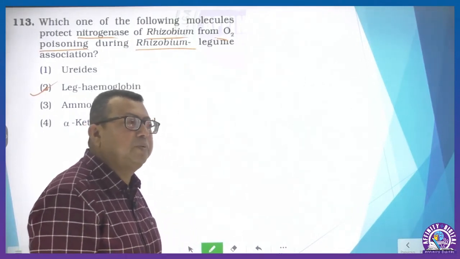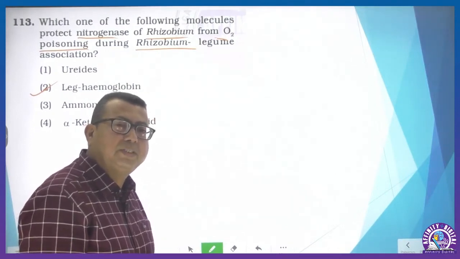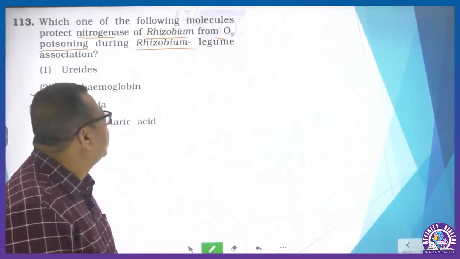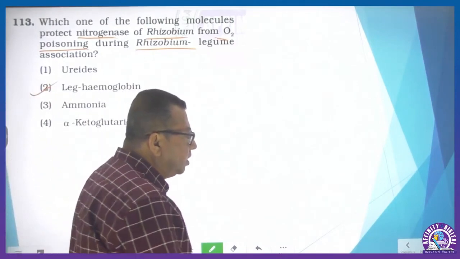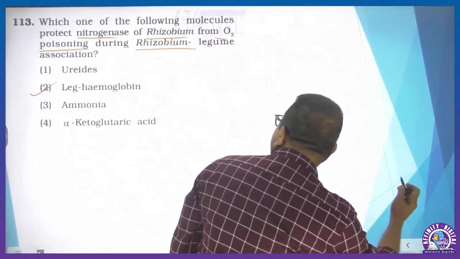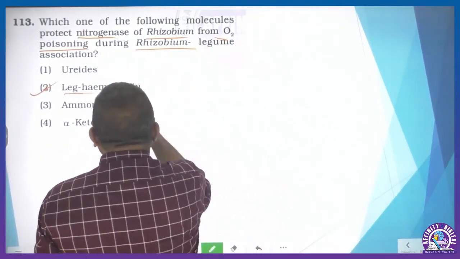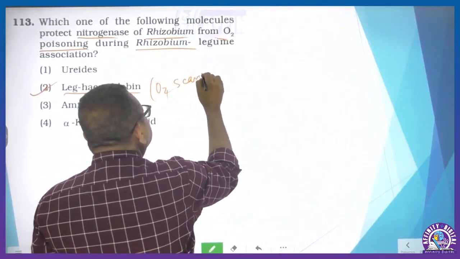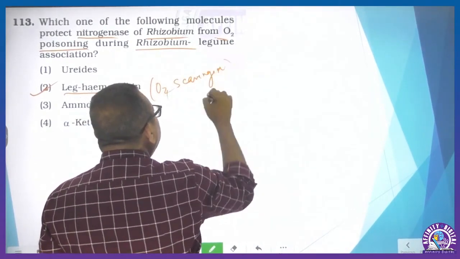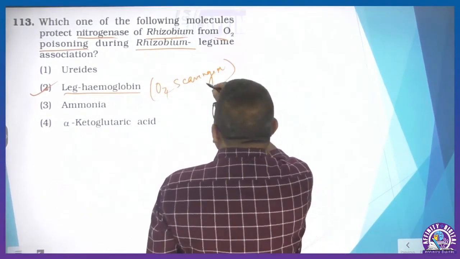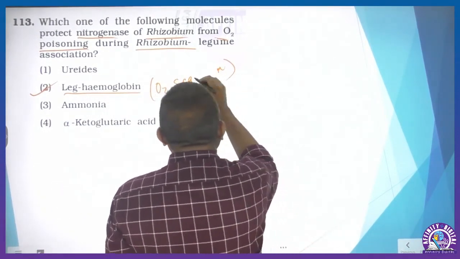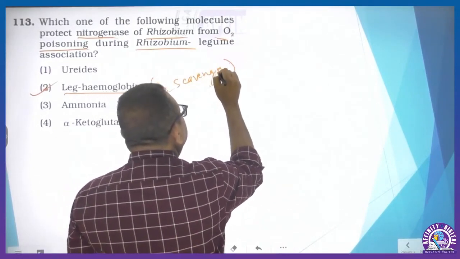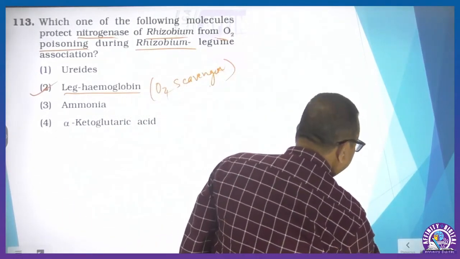During nitrogen fixing events in rhizobium legume symbiosis, nitrogenase is protected from the attack of molecular oxygen by the oxygen scavenger called leg hemoglobin, found in the root nodules of legume. So answer will be option number 2.